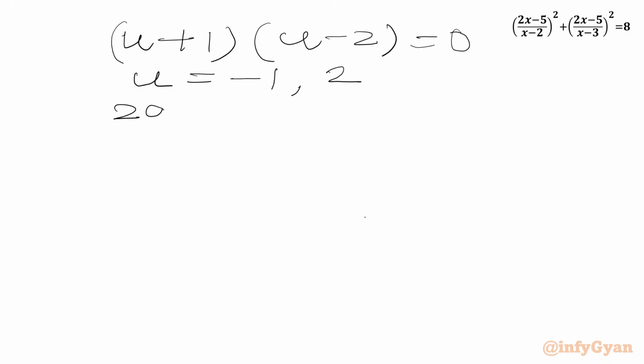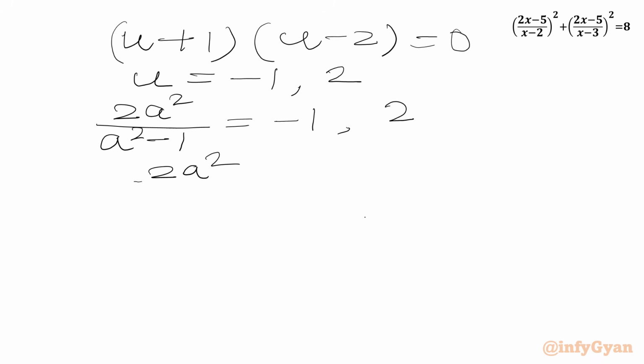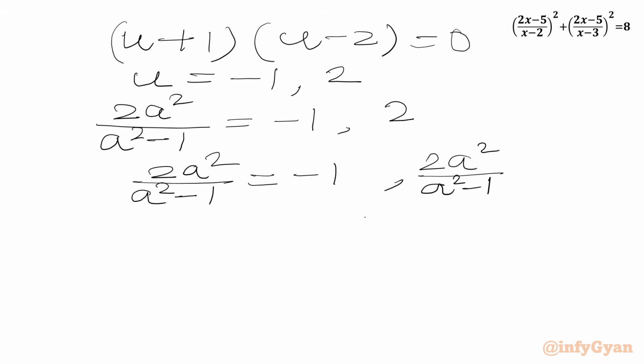I will write here 2a square over a square minus 1 equal to negative 1 and 2. So we have to solve two equations. 2a square over a square minus 1 equal to negative 1, and second equation would be 2a square over a square minus 1 equal to 2.